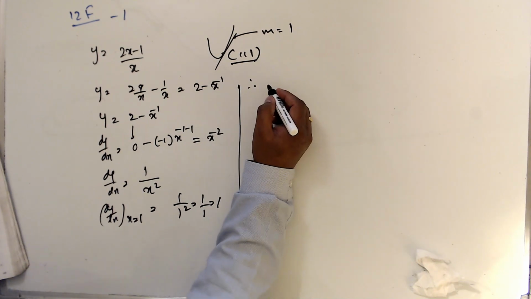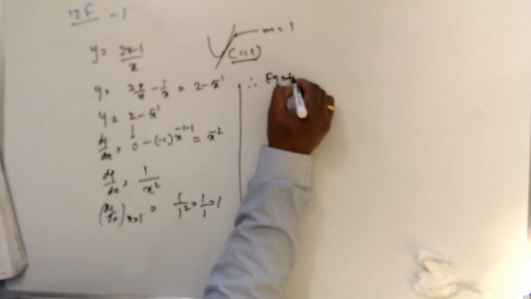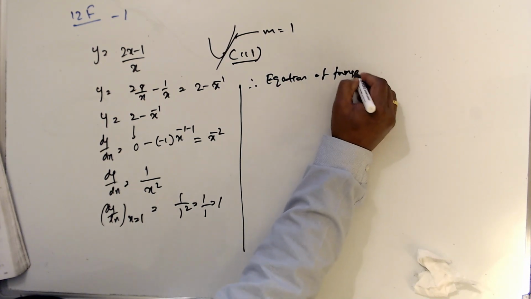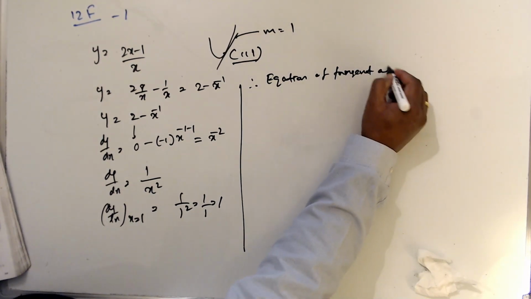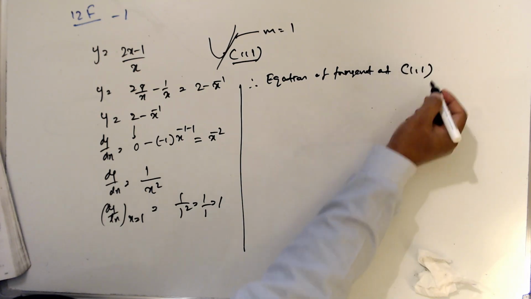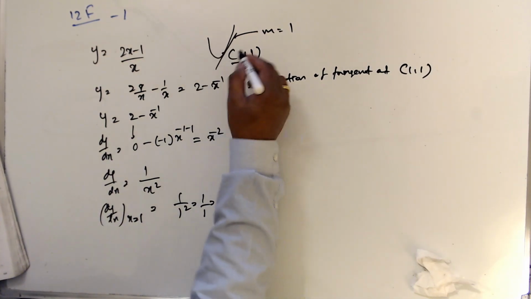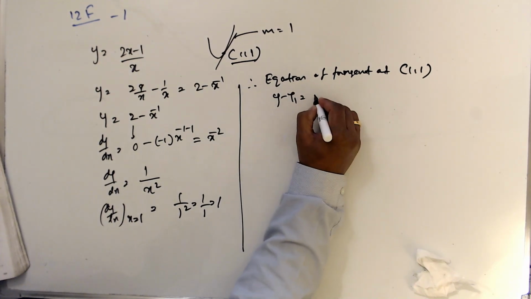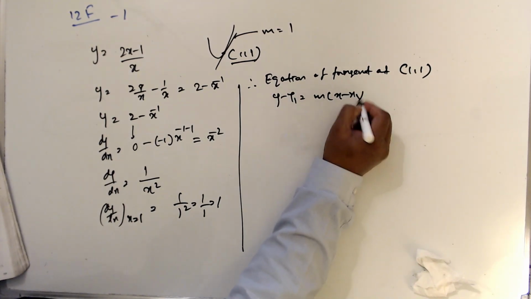Hence, the equation of tangent at 1, 1. Not everywhere, only at 1, 1. So y minus y1 equal m times x minus x1.